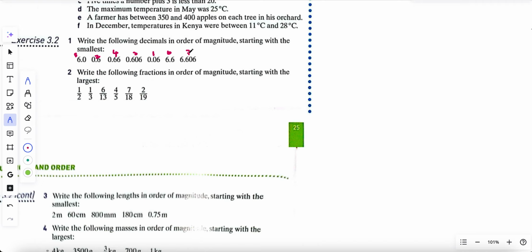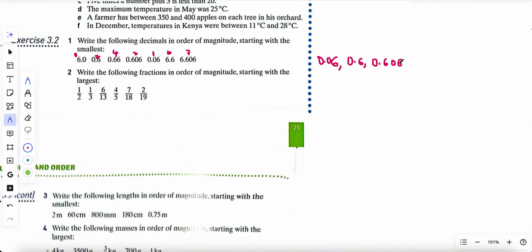So now we're going to write them from the smallest. Number 1 is 0.06. That's the smallest number. Our number 2 is 0.6, so you put a comma and then 0.6 as the second smallest. Then number 3 is 0.606, the next smallest.